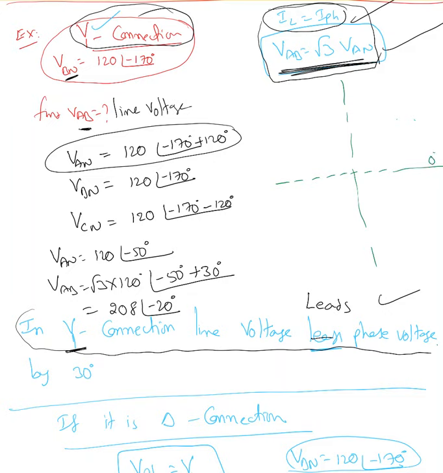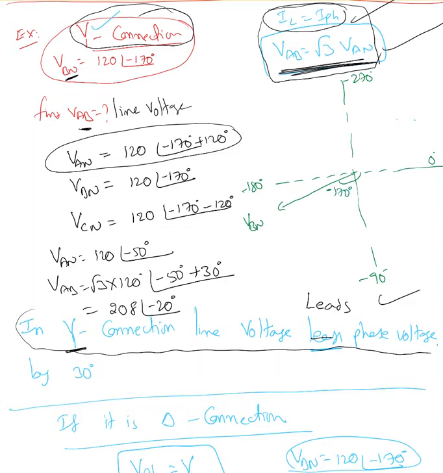So that's 0, minus 90, minus 180 degrees, minus 270 degrees. Now VBN equal to 120 at an angle of minus 170 is going to be somewhere there. This is VBN, and this angle is minus 170 degrees.